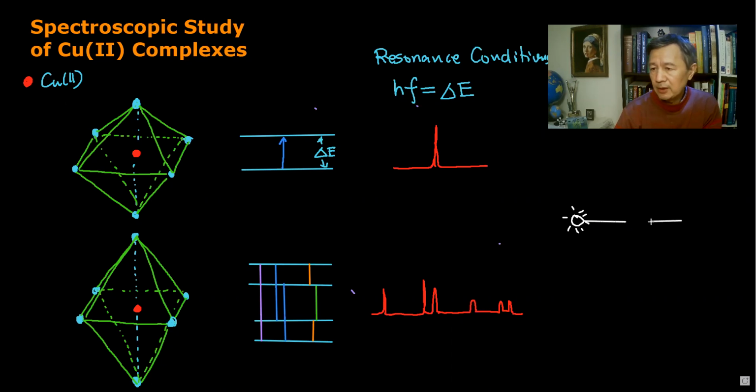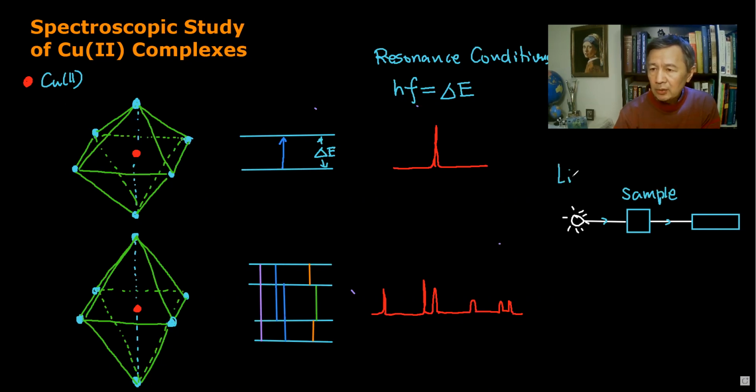This is the transmitted ray. In between, we put the sample, and after that, we put a detector over here. Instead of using Newton's original experimental setup, here we simply use a detector to measure the change in the intensity.